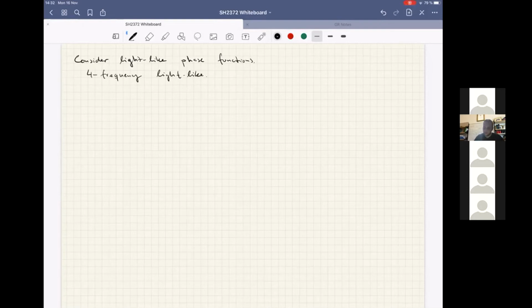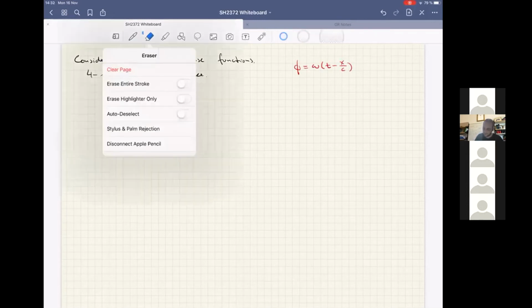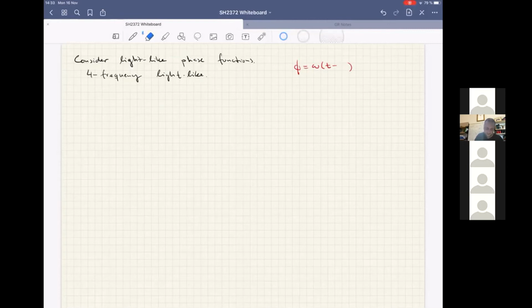So if you consider a light wave, well, in Minkowski space, this would mean that you would have something like a phase function phi equal to omega (t minus x divided by c), for example. Or if we're going to continue using c equal to 1, just t minus x.